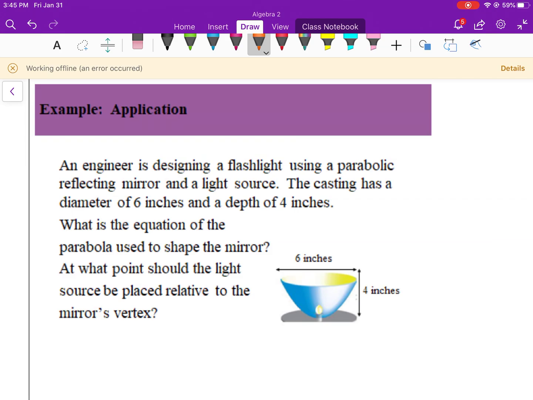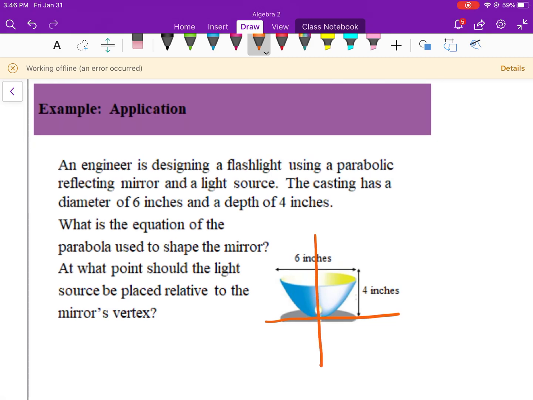So to do this, I'm going to put my x-axis and my y-axis right here in the center. So I'm going to say my vertex is at (0, 0). Then the parabola is being formed on the outside here.